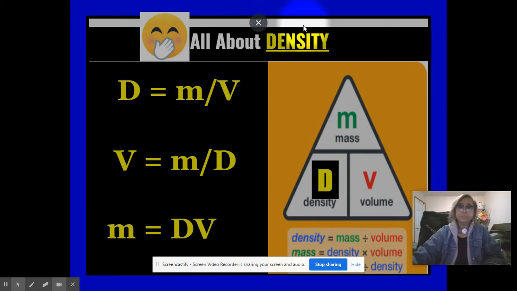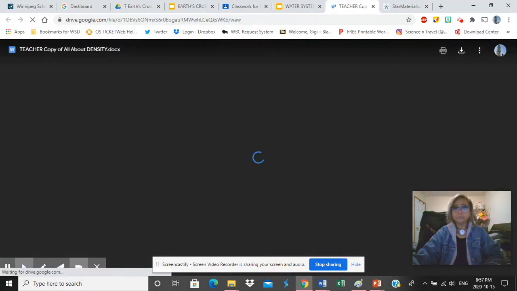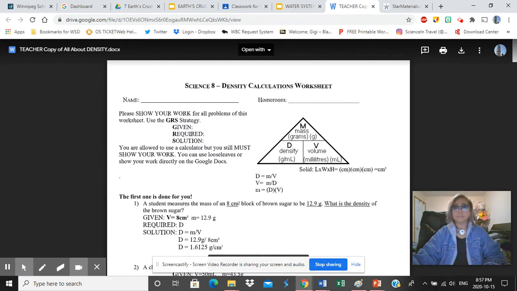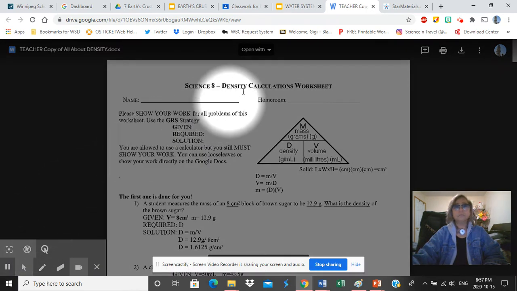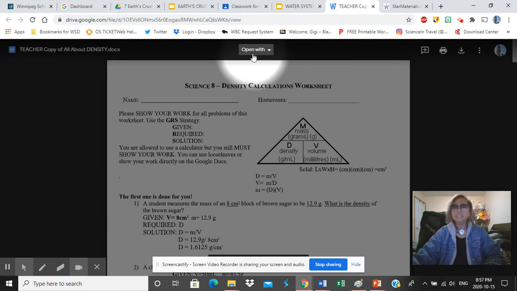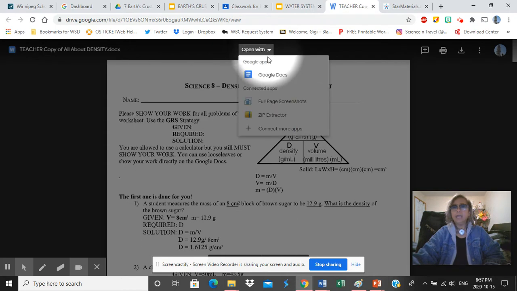So here, let's now go into your classwork, and this is what you see. Okay, now notice this, it says there on top, open with. So make sure you click this, click the arrow down, and select Google Docs.